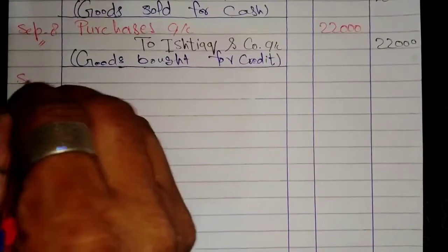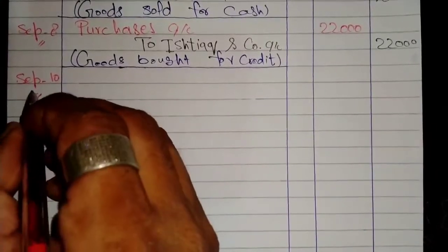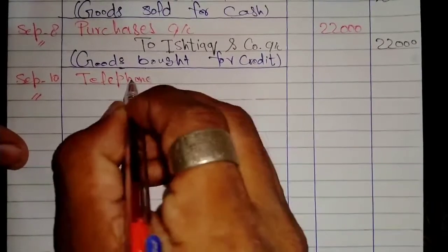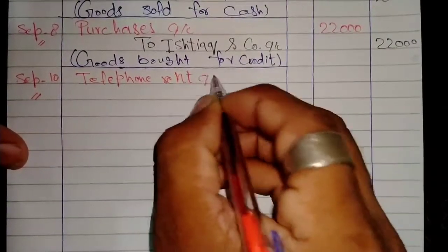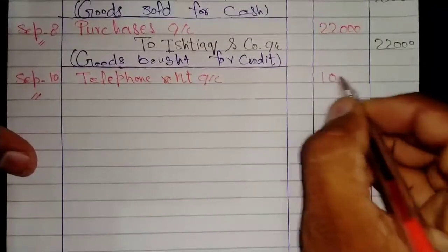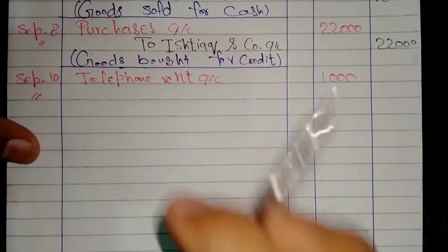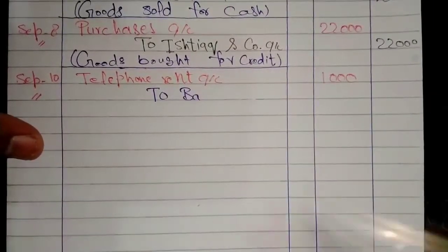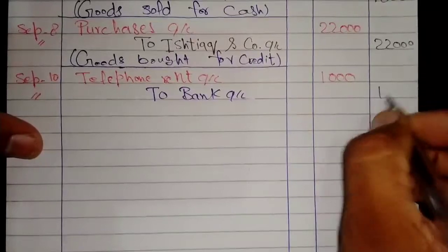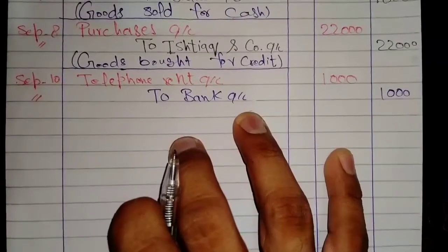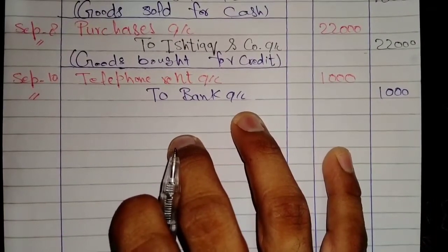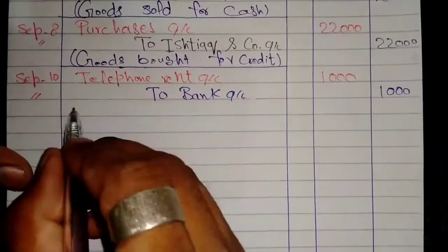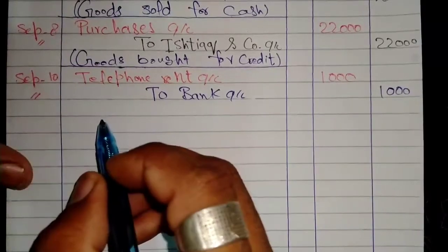On September 10th 2005, telephone rent account will debit $1,000. So bank account will credit, not cash account, because the payment has been done by the bank, by check. Am I right? The description is telephone rent paid by check.